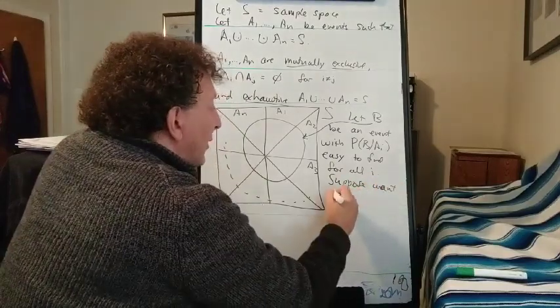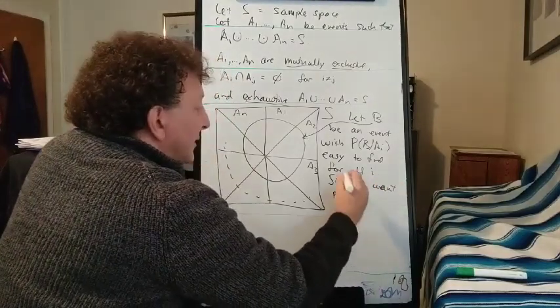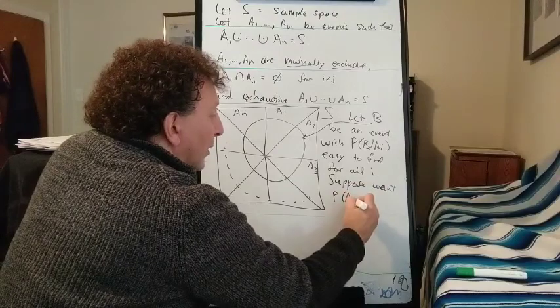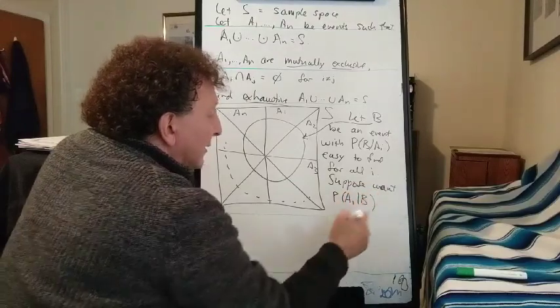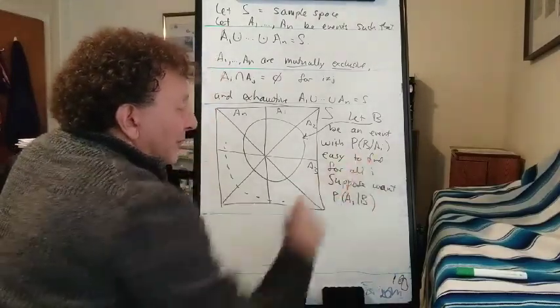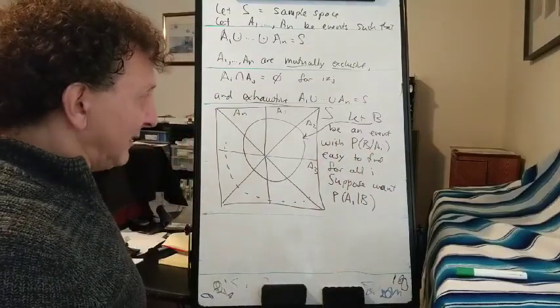And suppose we want the probability of, say, A1 given B. So this is the opposite order of the conditional probabilities that are easy to find.